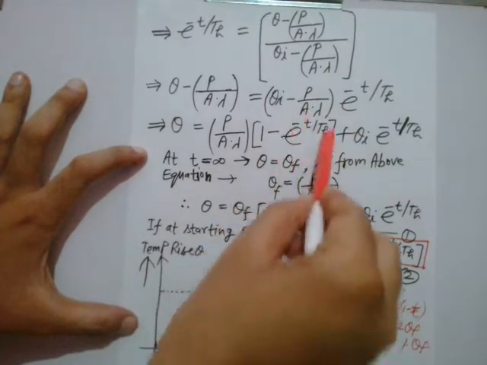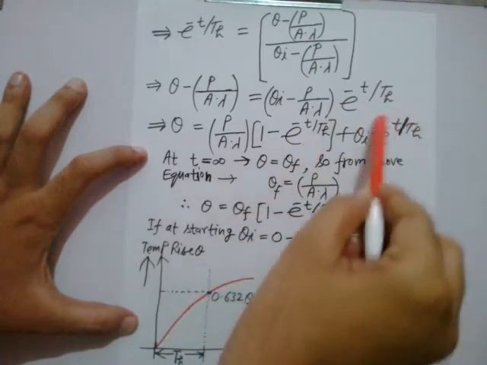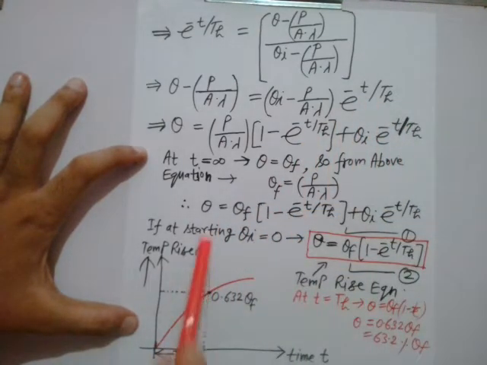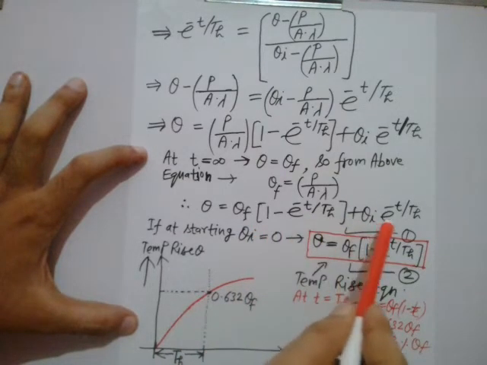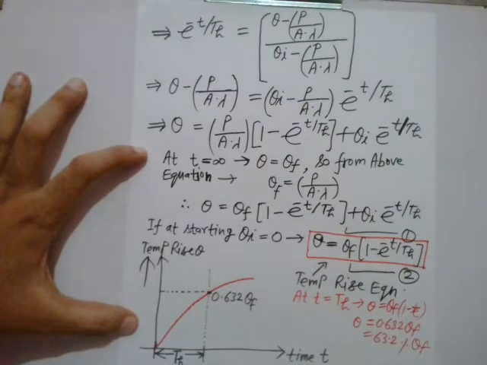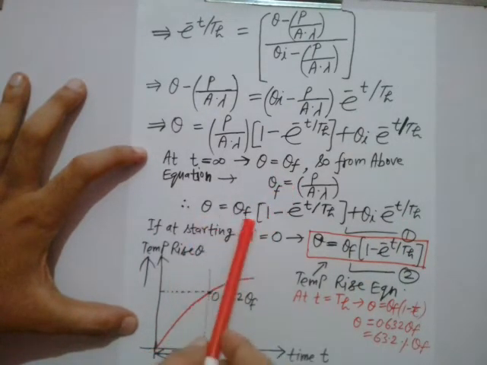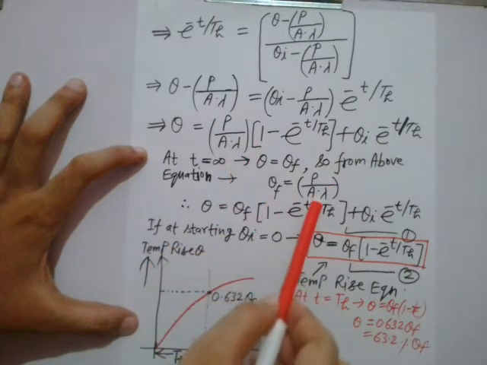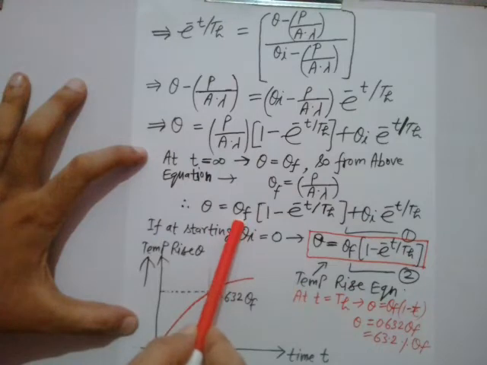Because this term becomes 0 at t is equal to infinity, and this term will also become 0 at t is equal to infinity. So here theta is equal to theta f (1 minus e to the power minus t by tau h) plus theta I e to the power minus t by tau h. Simply put theta f is equal to p by a lambda, in place of p by a lambda put theta f here.